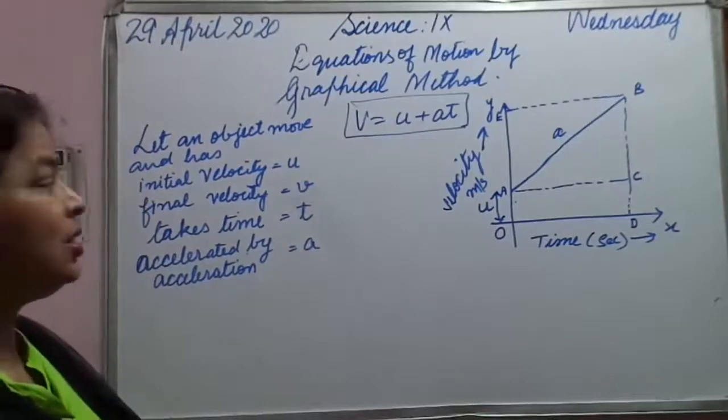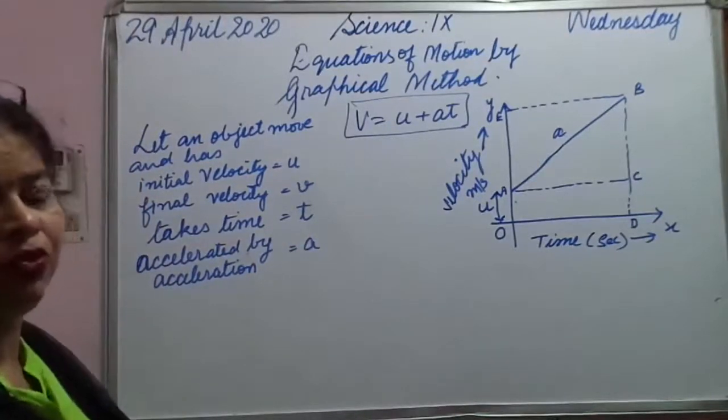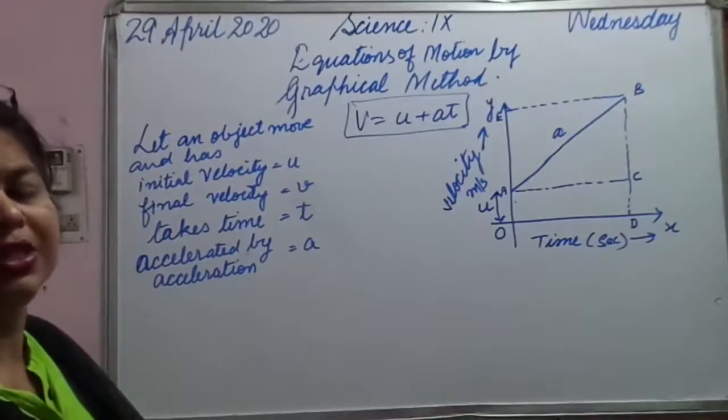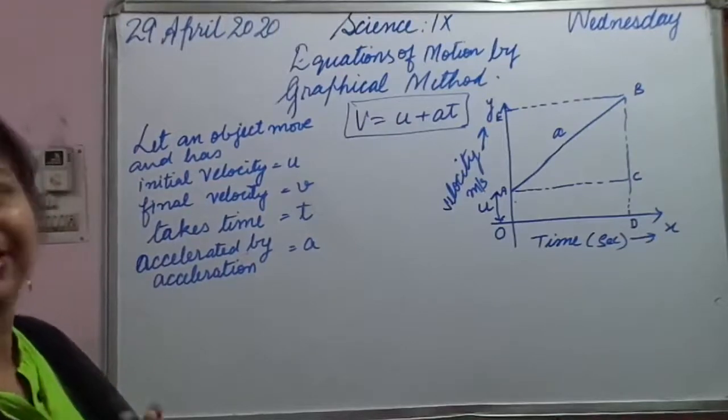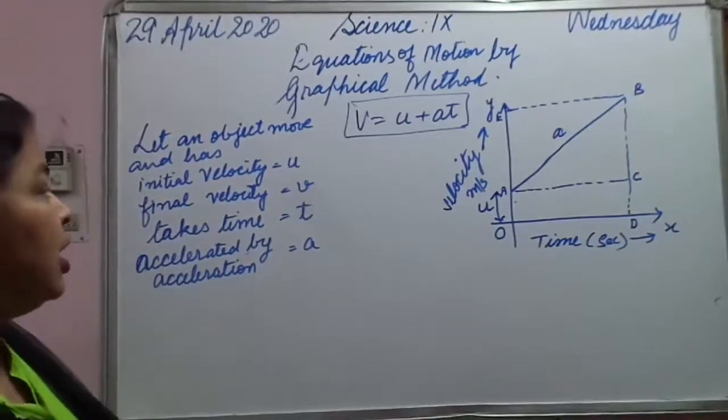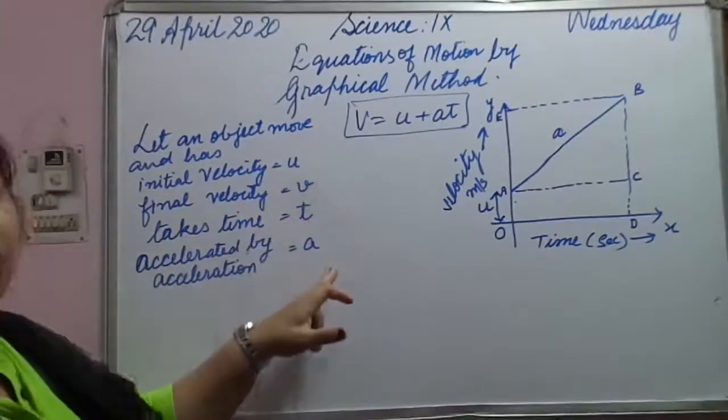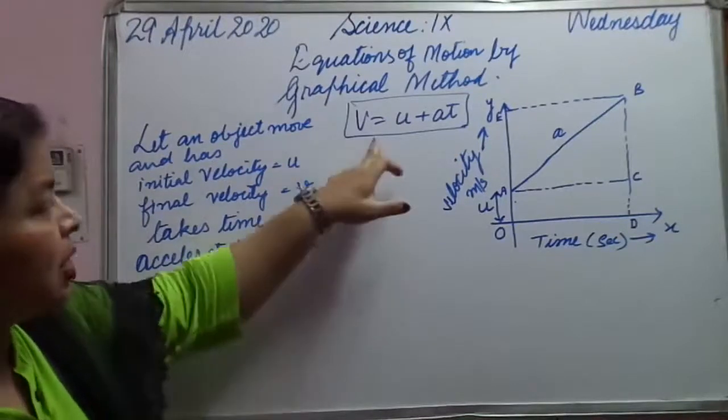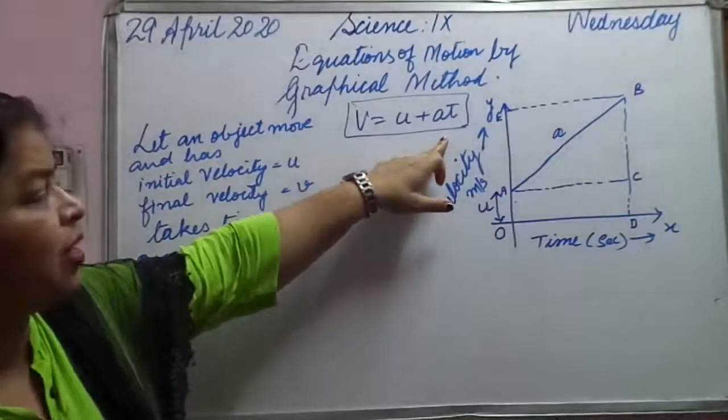Okay, so this is how we are going to introduce the terms. If you will not introduce the terms and you will start directly, your marks will be deducted. Okay, so you need to tell what is u, what is v, what is t, and what is a. And these are the only 4 quantities that we are using here.